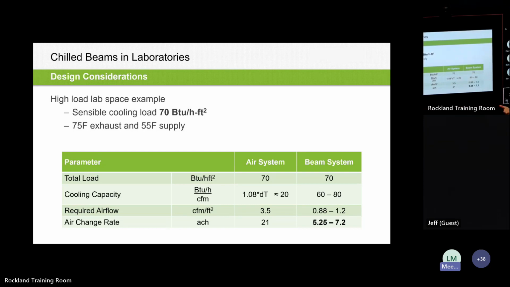With all air, you're dealing with rho delta T Cp, so that's typically 20 BTUs per CFM of cooling capacity. With a chilled beam system, that's typically in the range of 60 to 80 BTUs per hour per CFM. We've got a higher CFM per square foot than office spaces or other spaces, because this is a high load lab space. But you can see a pretty substantial reduction in CFM per square foot, again from that reduction of primary air.